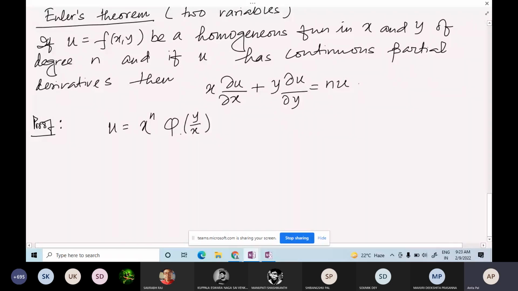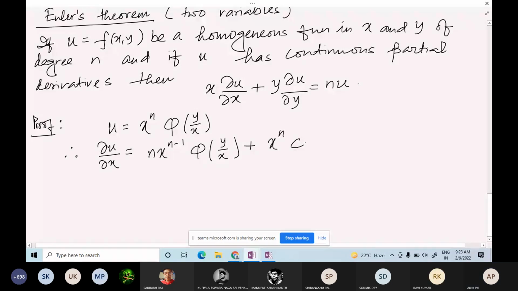Now we'll differentiate u with respect to x. Therefore, del u del x will be n x to the power n minus 1 phi y by x plus x to the power n minus 1 by x square phi dashed y by x into minus y by x square.